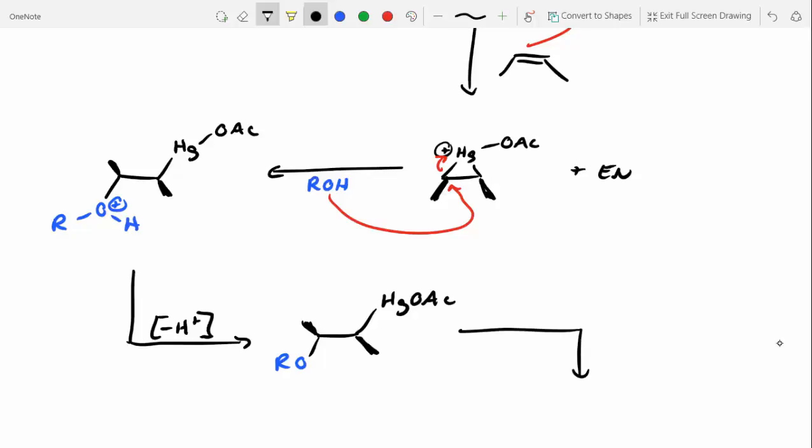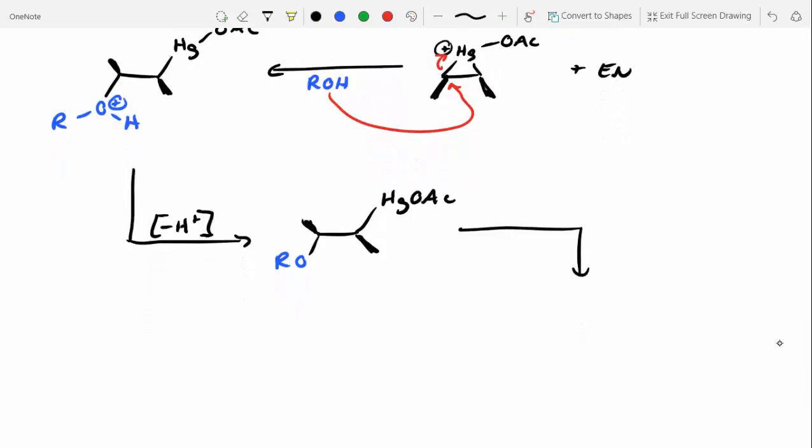And how do we remove that mercury? Yep, NaBH4. We've got to reduce off the mercury, and now when we do that, we end up with our new ether.